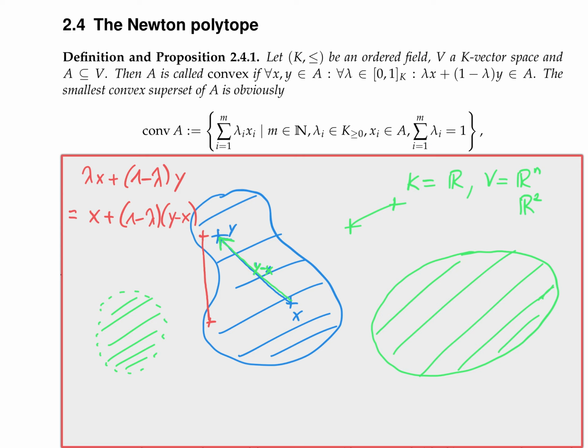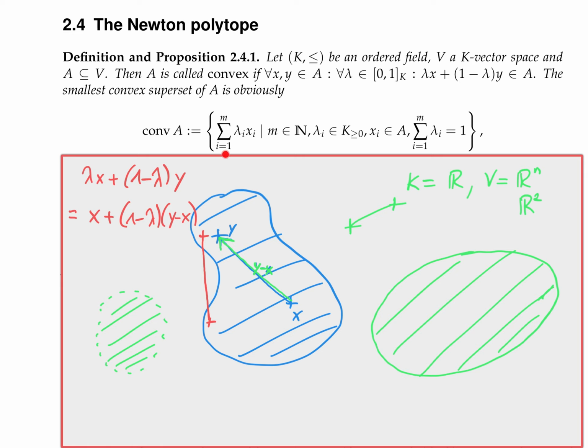So such a weighted sum with non-negative weights that sum up to 1, that's called a convex combination. That's analogous to a linear combination, but we have these two constraints, that the weights are non-negative and they sum up to 1.